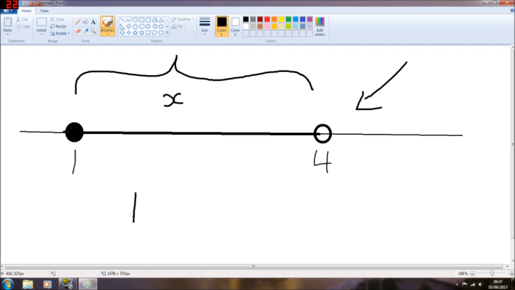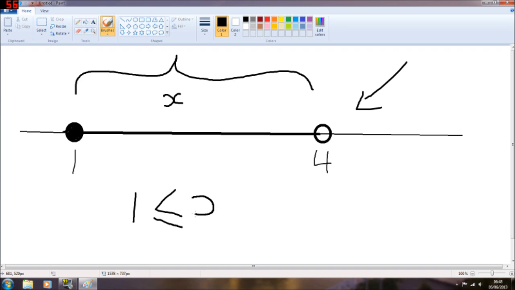So you write 1, and x is bigger than 1 because x is kind of this way. It means because the thick line expands up to here, x is bigger than 1, and is equal to 1, so you put this thing here. This just represents that x is equal to 1 or bigger.